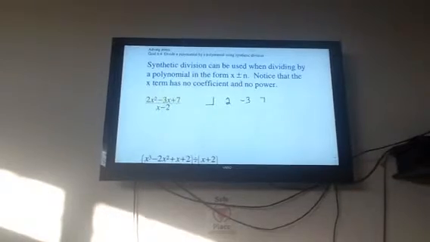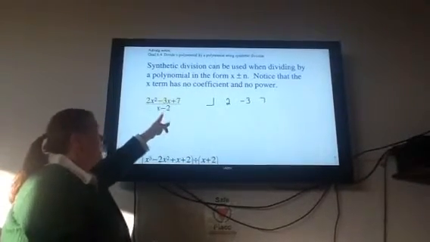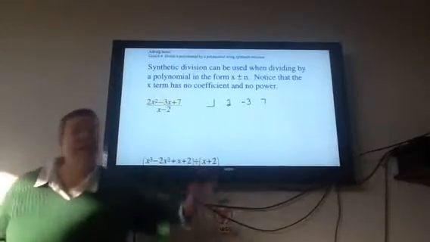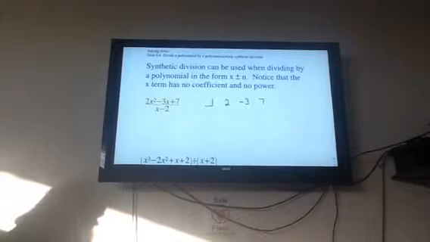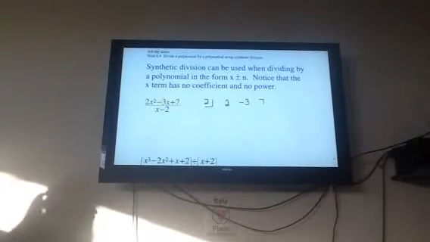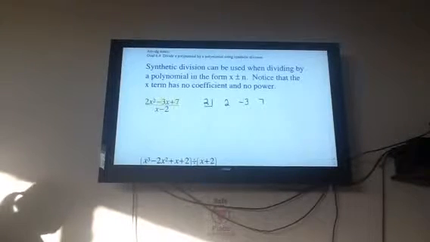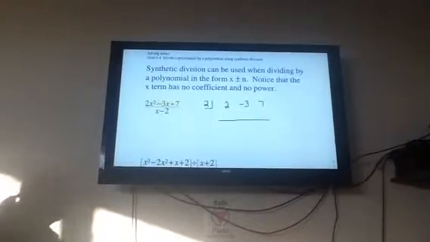And if you are dividing by x minus 2, then in the box you're going to put a positive 2. So the opposite of what you see there. So if it says x minus 2, in the box you're going to put a plus 2. And then you're going to leave a little space, and you're going to draw a line.